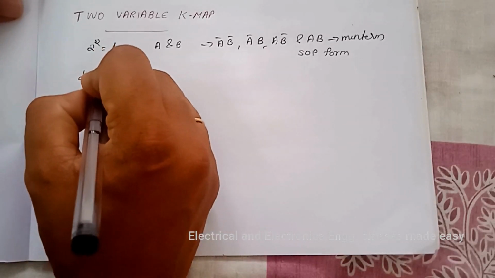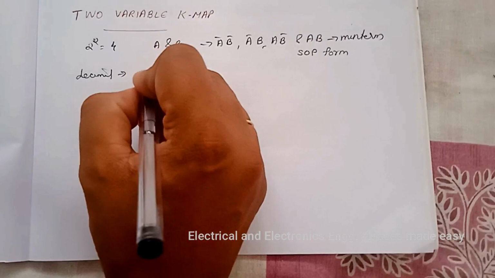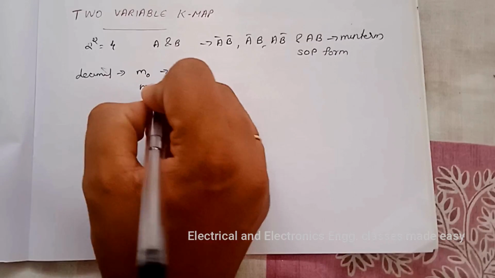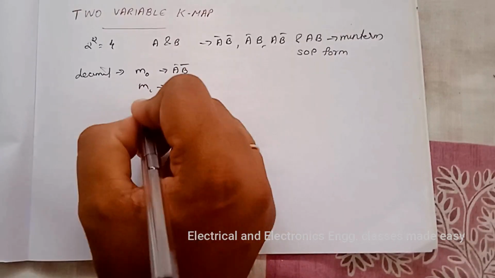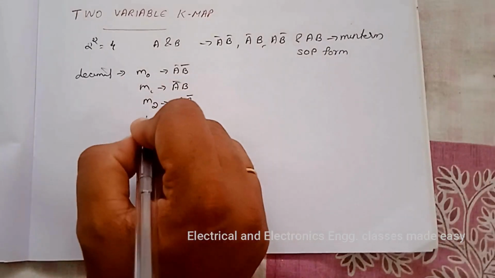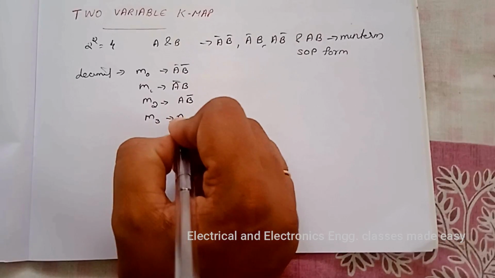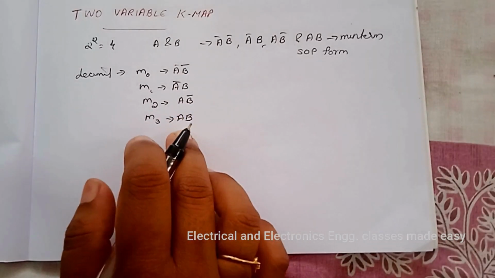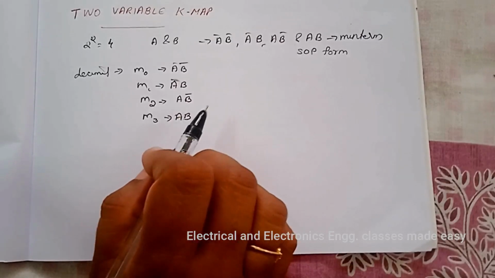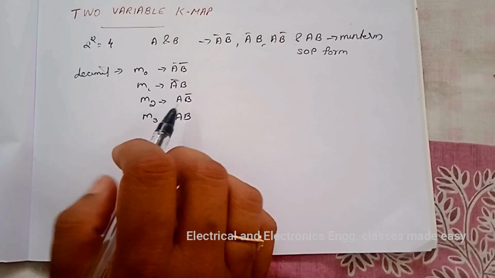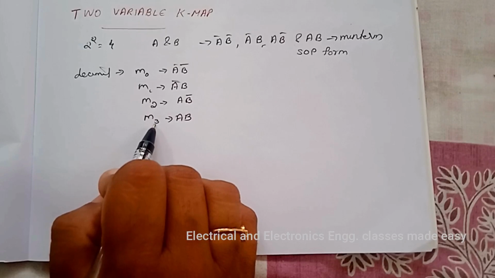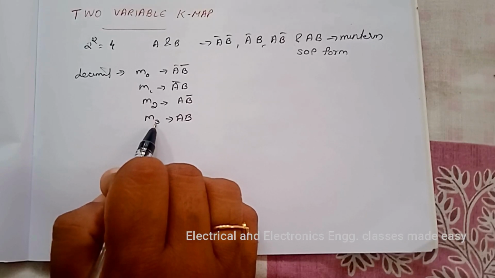That is, decimal designation are like M0 for A bar B bar, and M1 for A bar B, M2 for A B bar, and M3 for A B. And here assuming A is the MSB. The letter M stands for the minterm and the subscript represents the decimal designation of the minterm.